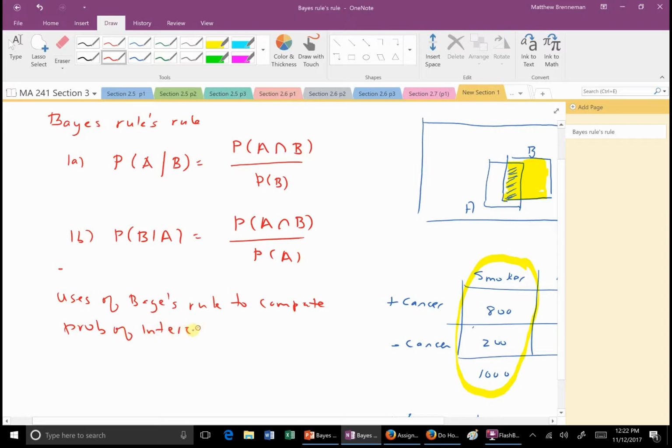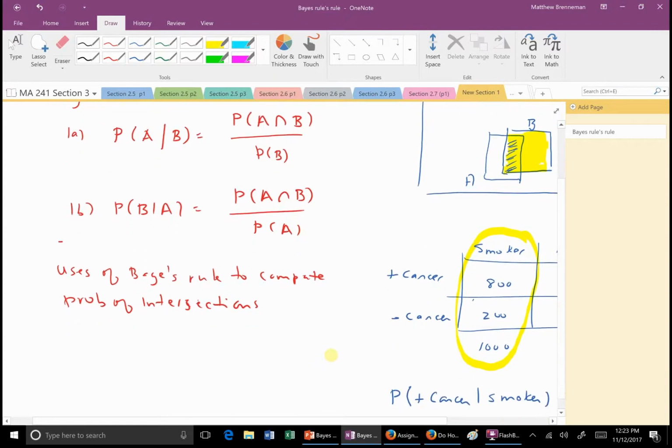It follows from 1A. If I multiply both sides of equation 1A by the probability of B, I see something kind of interesting. I get this formula here. The probability of A intersection B is equal to the probability of A given B times the probability of B.